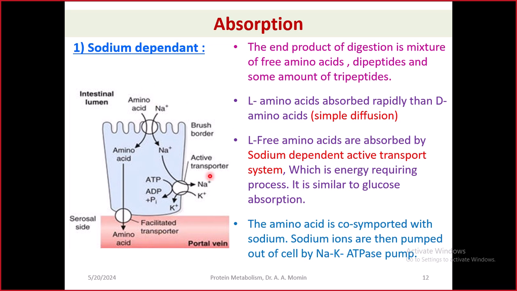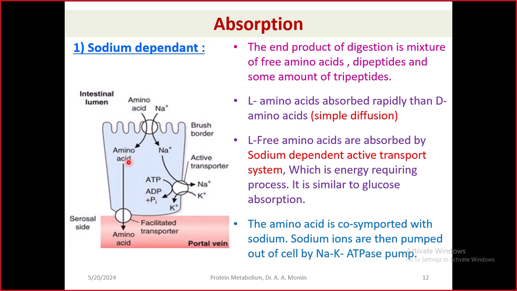As you can see in the figure, the amino acid, once formed in the intestinal lumen, is co-transported along with sodium, with the help of the protein transporter. Once the amino acid is inside the intestinal cell, its transport from the intestinal cell to the blood requires 1 ATP.